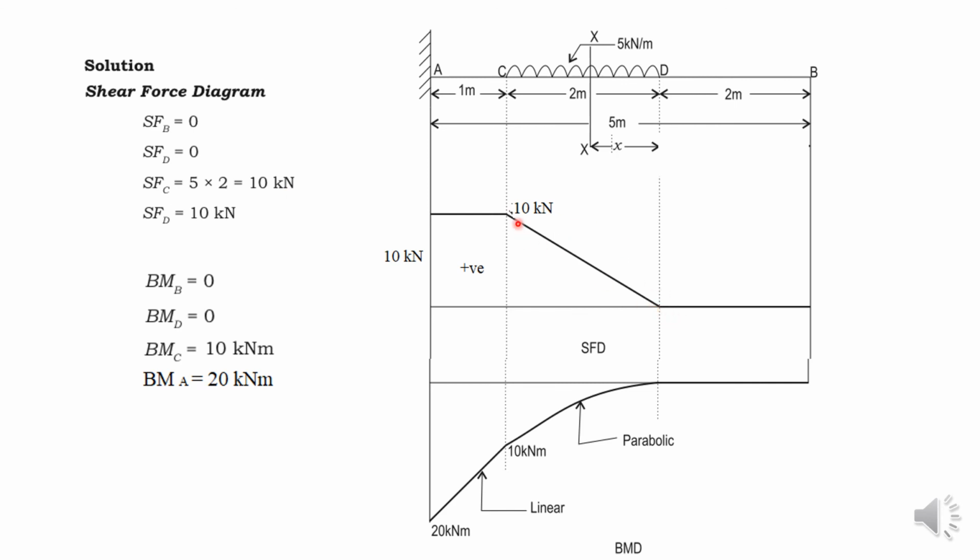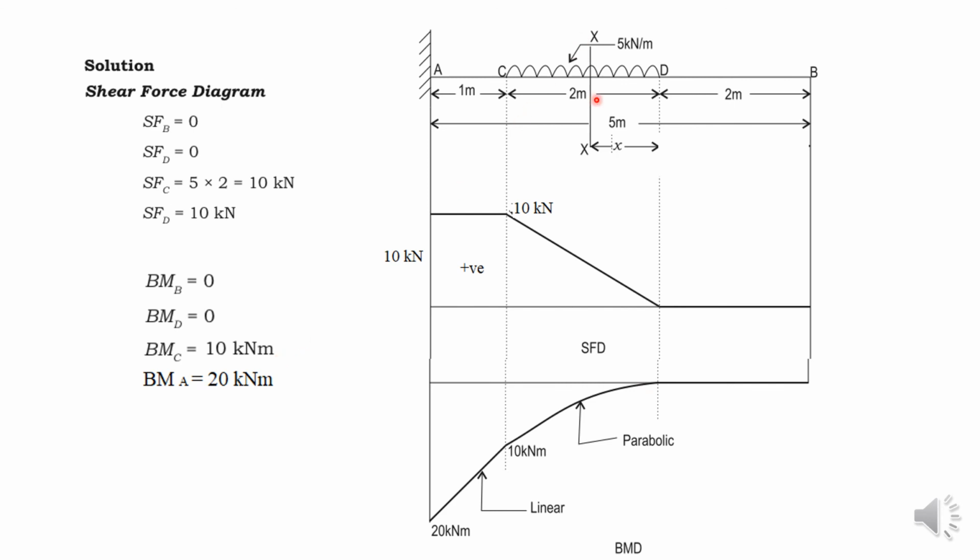So 0 to 10, that is an inclined variation. From C to A there are no loads acting, so from C to A draw a horizontal line and the shear force at A will be 10 kilonewton. Okay. Now to draw the bending moment diagram, just consider the same section line at a distance x from D, then substitute values for x.